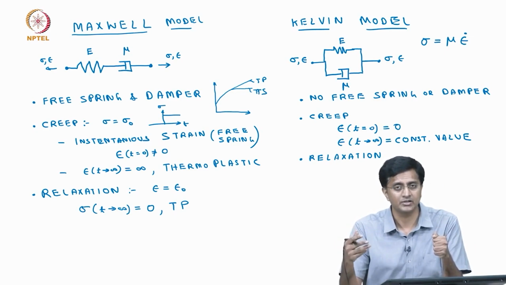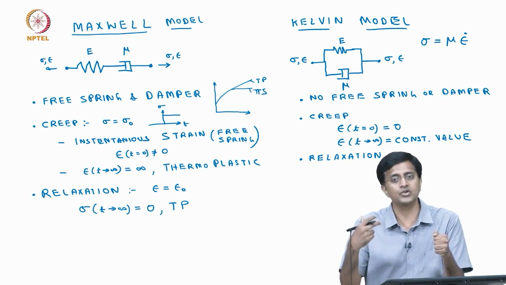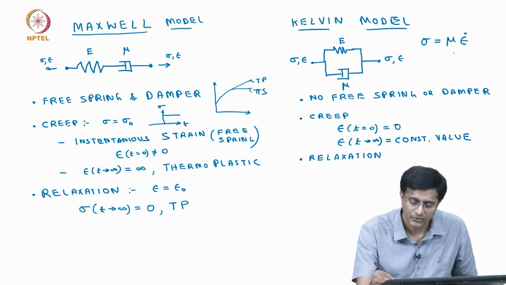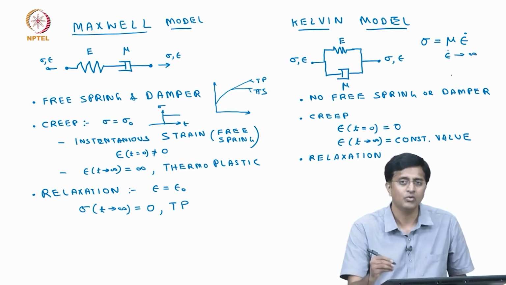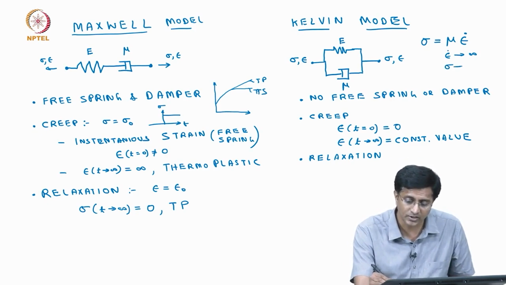what is the strain rate? The moment we say instantaneous strain, it means the strain rate goes to infinity. So, when you expect that the strain rate is going to infinity, what does this formula say? It says that the stress needed for this is also infinite.